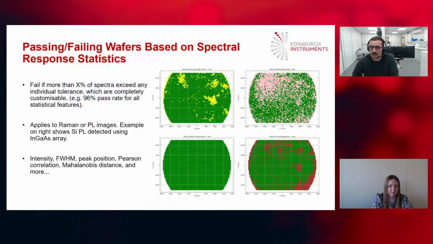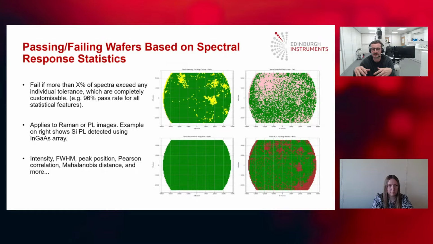So now we're more concerned about uniformity. How do we go from a data set containing hundreds or maybe thousands of spectra to just a simple Boolean, this wafer passes or this wafer fails? It's actually very easy using just spectral response statistics. You can define tolerance windows for parameters like Raman peak position, PL intensity, line widths, or even more advanced metrics like Pearson correlation or PCA distancing.